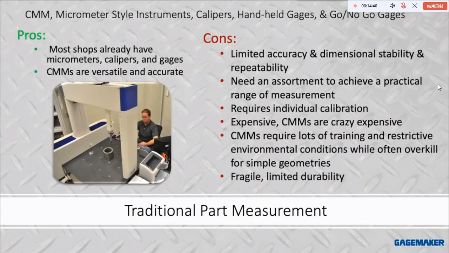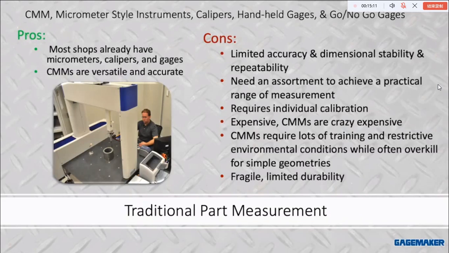However, when you're comparing to a PHMD, the hand tools have limited accuracy and they're not dimensionally stable. So there's repeatability and reproducibility issues from one operator to another.